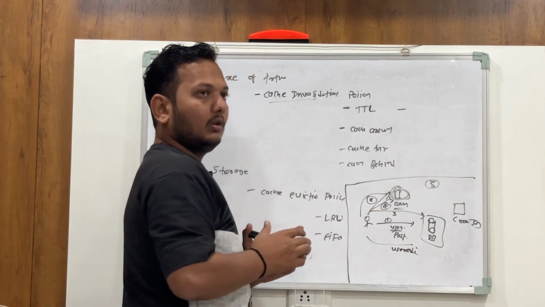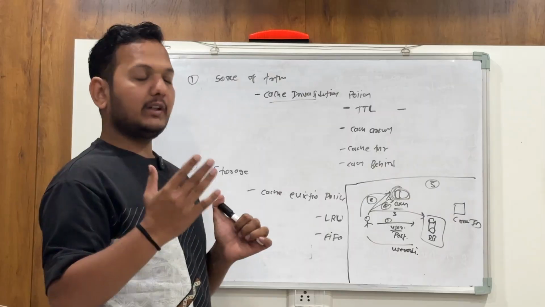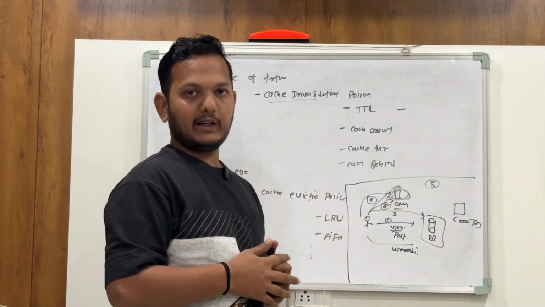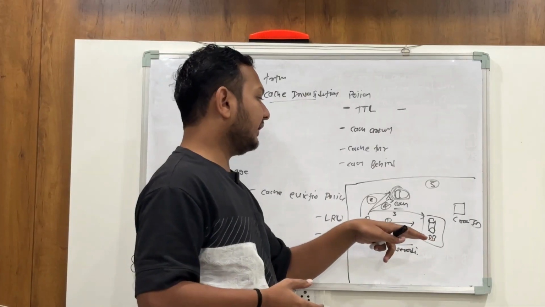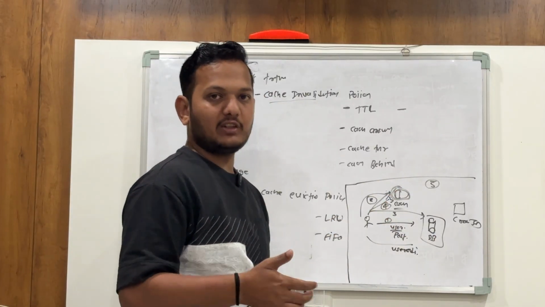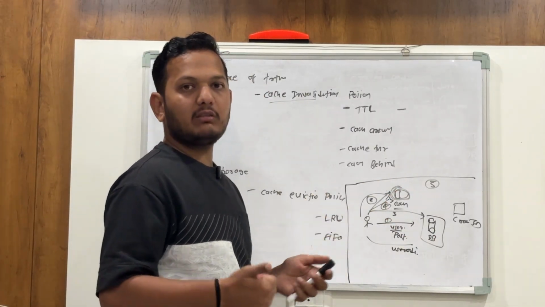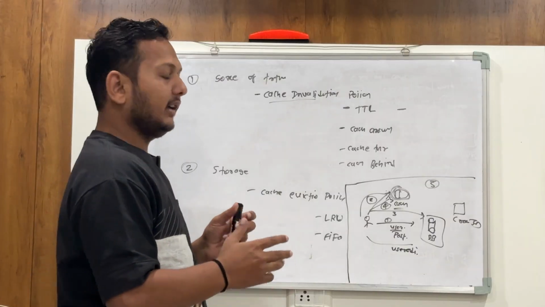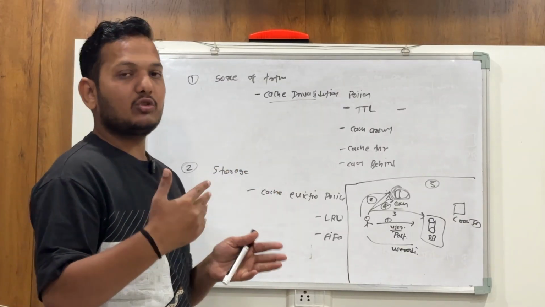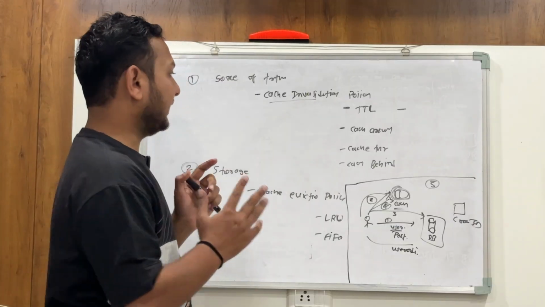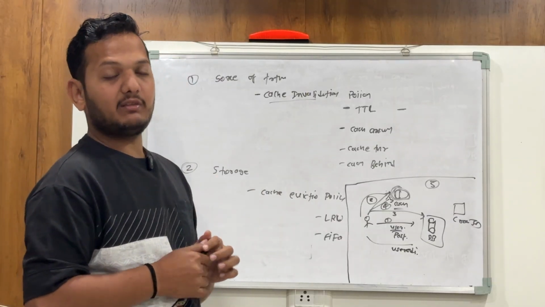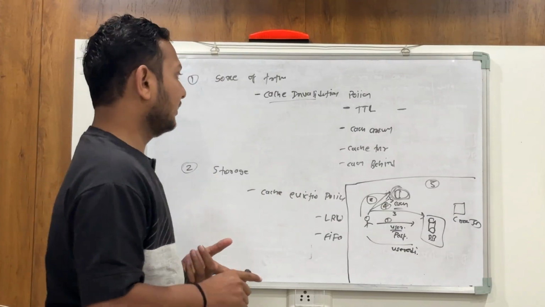So within the 5 minute interval, the user can get the old data, but after 6 minutes, the cron job has updated the DB data to the cache. So from the 6th minute the user will get the latest data, but within the 5 minutes there is a chance of stale data. That is called eventual consistency.